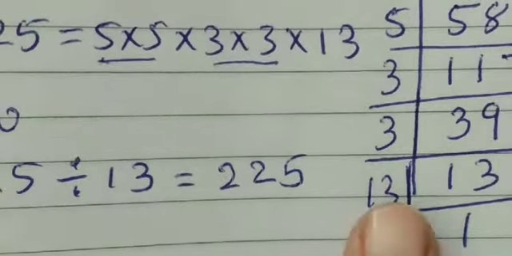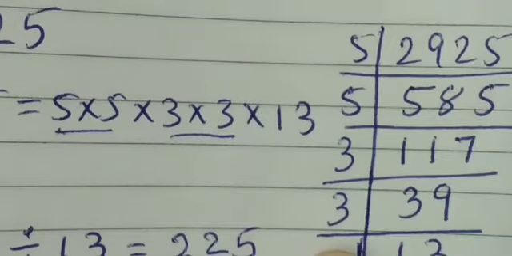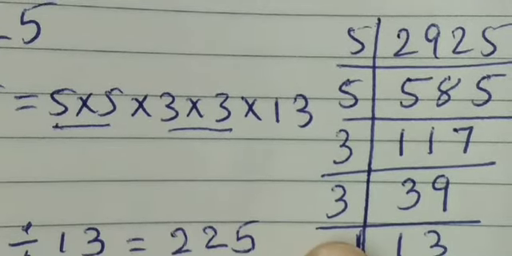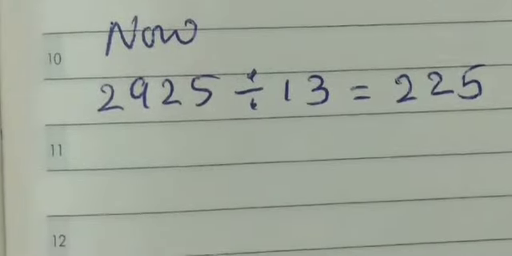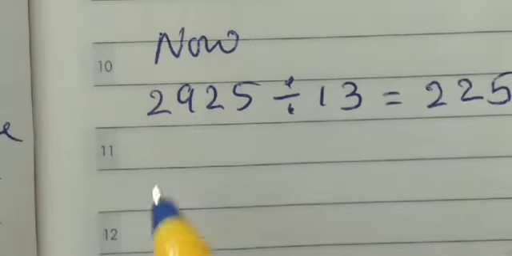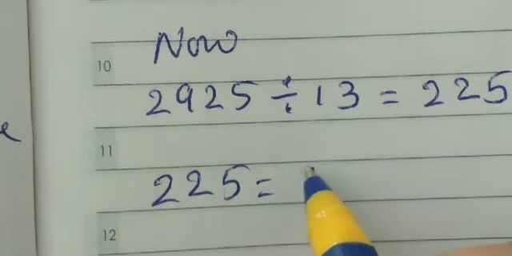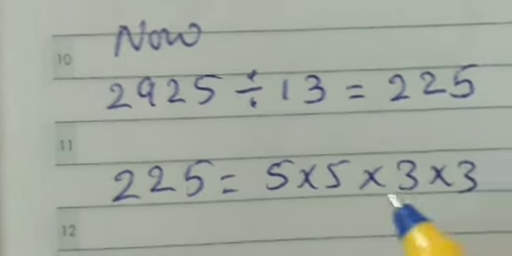So write here 225. Now what will you do? Remove this 13. Whatever factors you have, that is what you have to write. You do not have to factorize 225 separately. So just copy down: 225 is equal to 5 multiplied by 5 multiplied by 3 multiplied by 3.